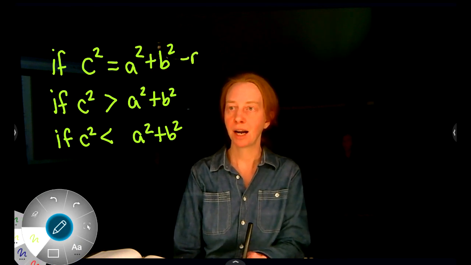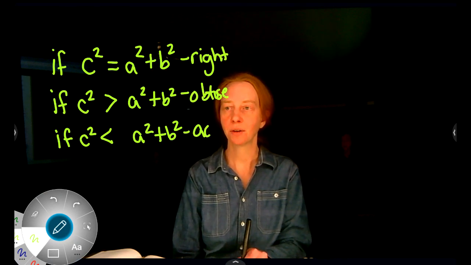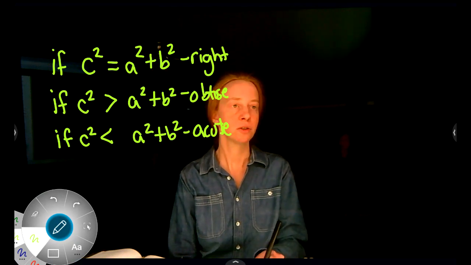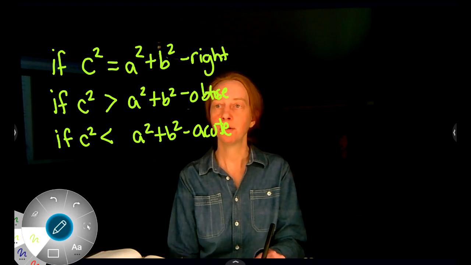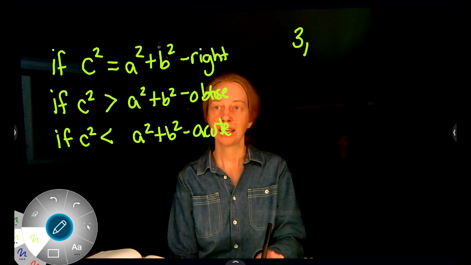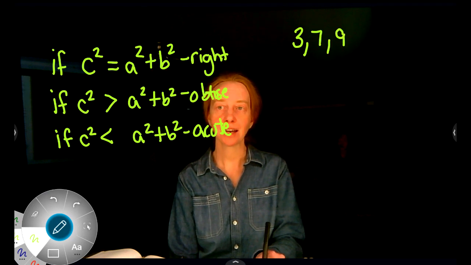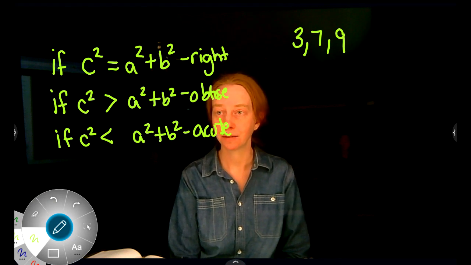So I'm just going to say right, obtuse, and acute. So I'm going to give you an example of what type of problem we would solve here. If I said, determine if you have these three sides of a triangle, what type of triangle is it?